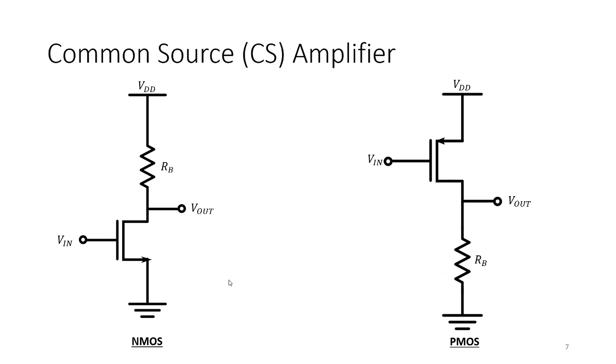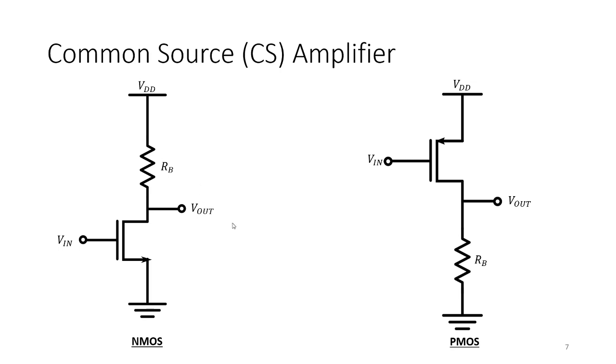So now, let's move on to the types of MOS amplifiers, basic MOS amplifiers. This is the common source amplifier. As you can see, this is the NMOS equivalent and this is the PMOS equivalent. So why is it called common source?